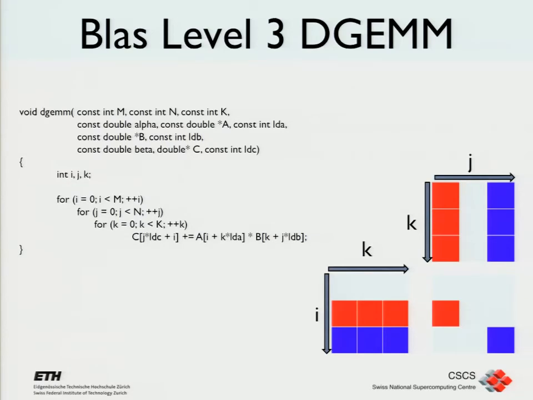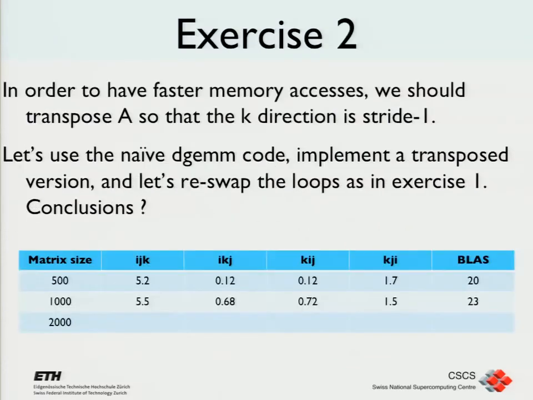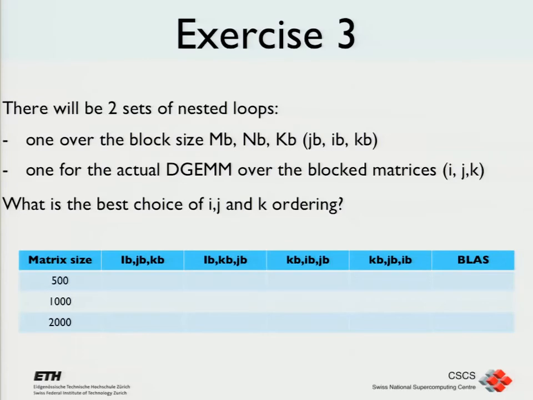This one will be the inner loops, and just outside of those loops, you'll have another nested loop which will go over the block size. Okay? And we'll see what's the best performance out of this.